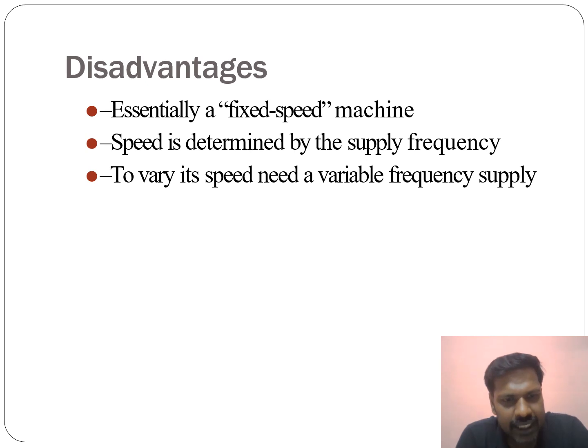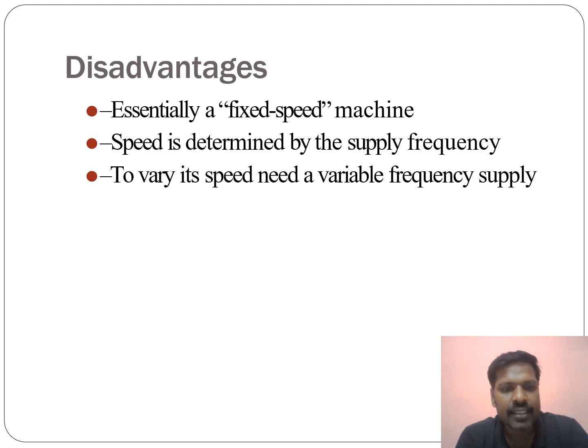The main limitation of the standard induction motor is that it is essentially a fixed speed machine when supplied from a constant frequency source. Its speed is mainly determined by the supply frequency and the number of poles, with only a small variation due to slip.